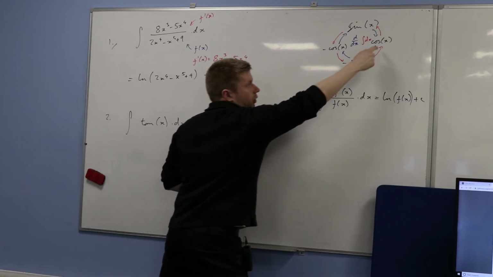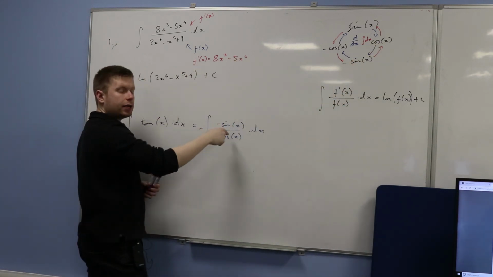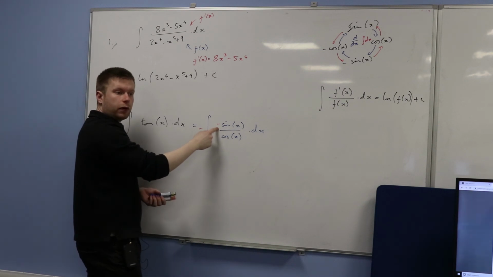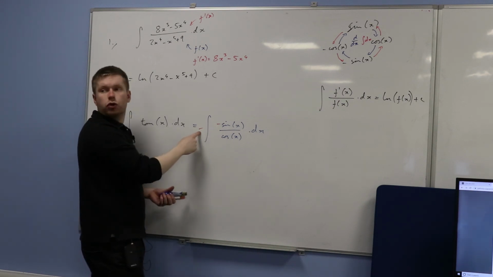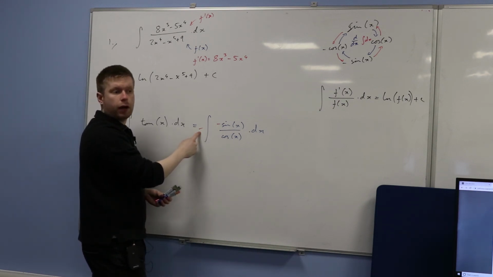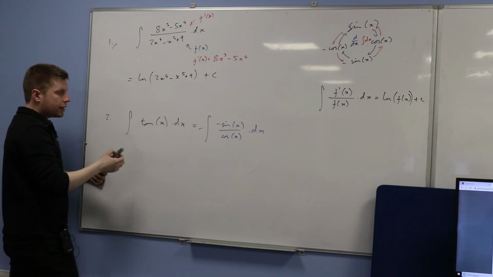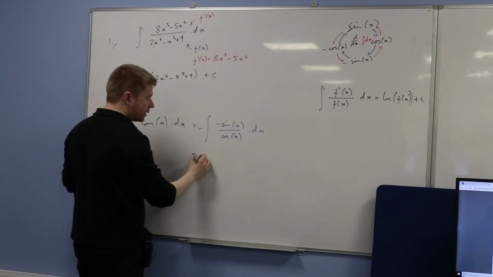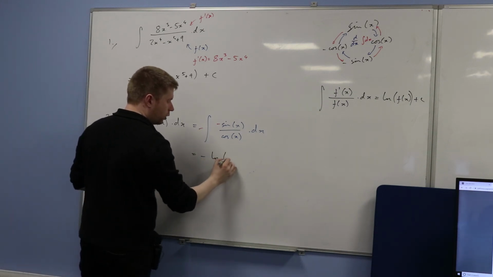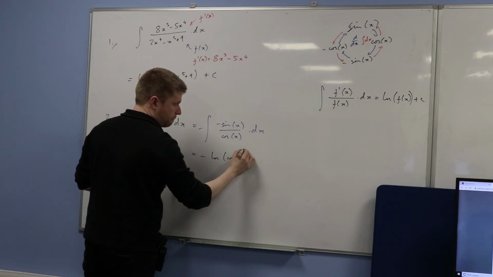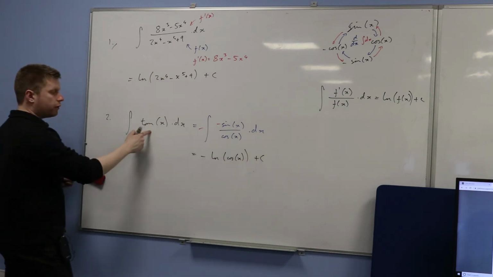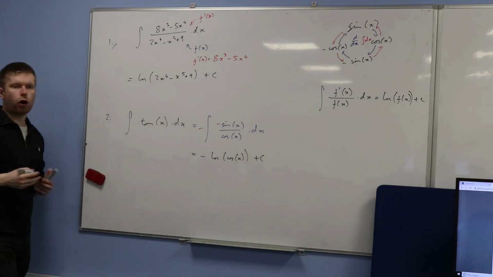The derivative of my function should be negative sin x, so I need to make that negative. But I can't just make a function negative for the fun of it. I need to make sure that I cancel it out at the front. Okay? So my fudge is negative. So therefore, now this thing holds. So it's going to be negative natural log of cos x plus c. So the integral of tan is negative ln of cos plus c.